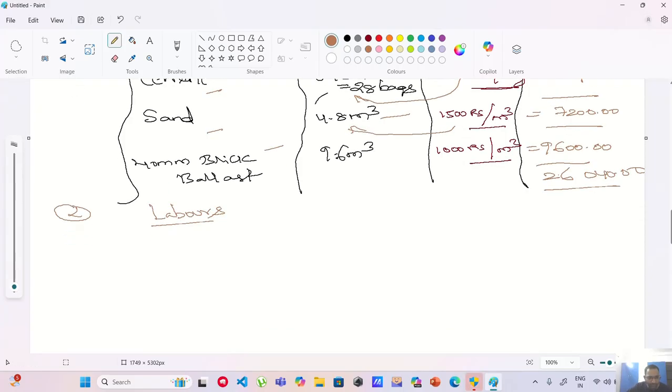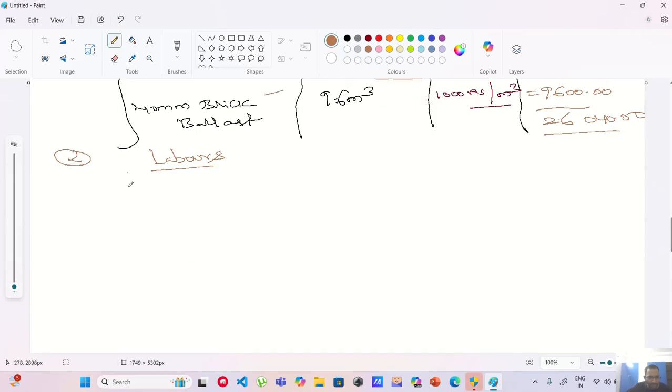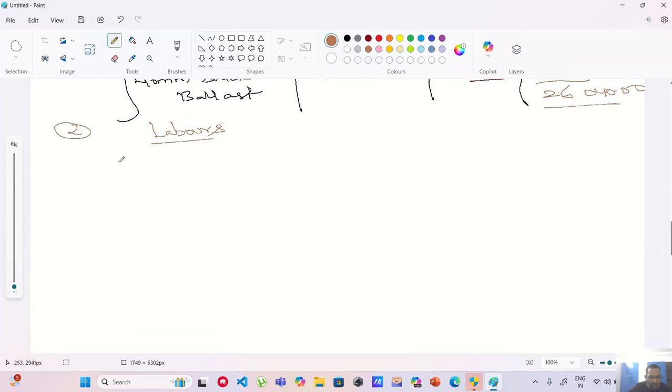Okay, labors. So how many different types of labors are available, I already explained in the previous video. First one, head machine. And the second one is machine, along with the head machine. And the third one is mazdoors, we can call it beldar.